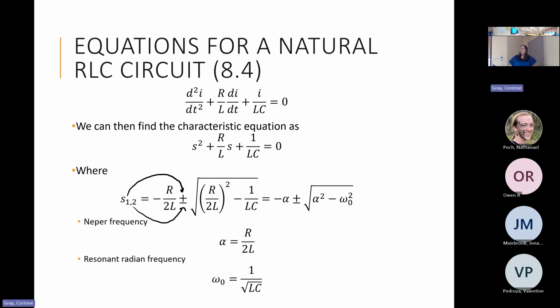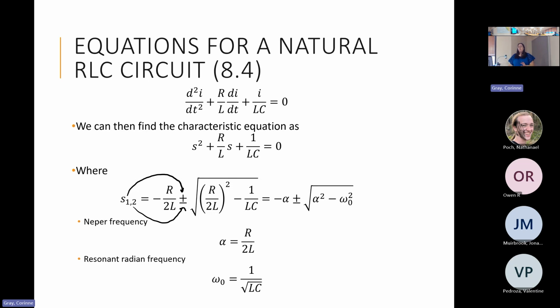But with the characteristic equation, again, the reason we go through and write it out this way is to help us start taking our particular circuit and getting a solution specific to that circuit.